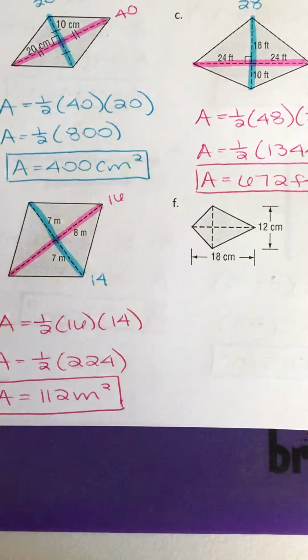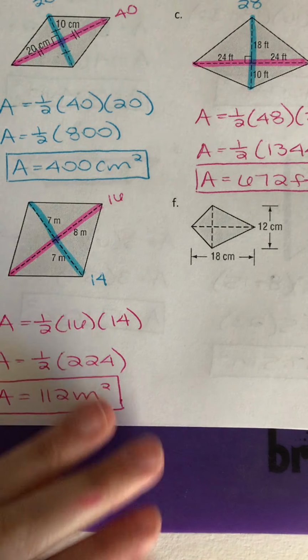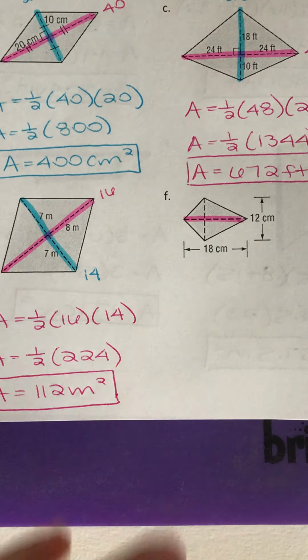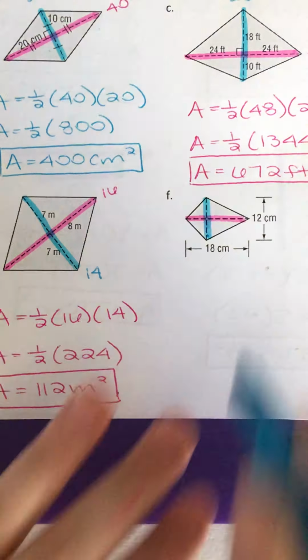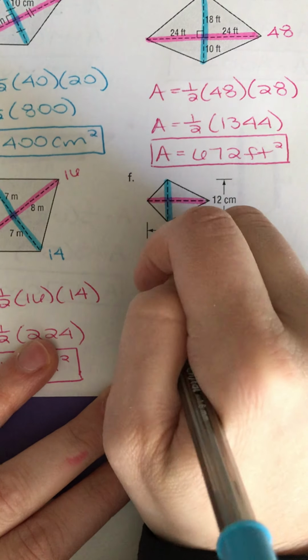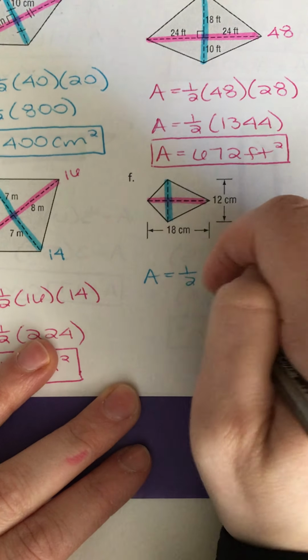And the last one, they give it to you already added together. This whole thing is 18. This whole thing here is 12. So we don't have to do any adding, just the multiplication.